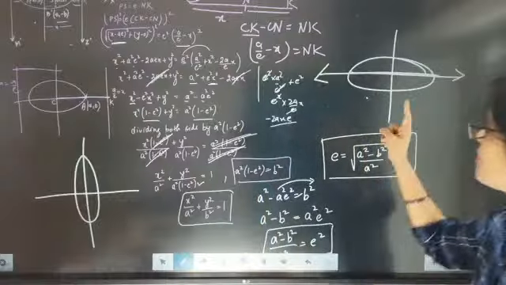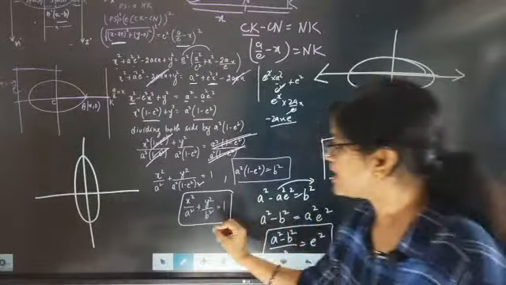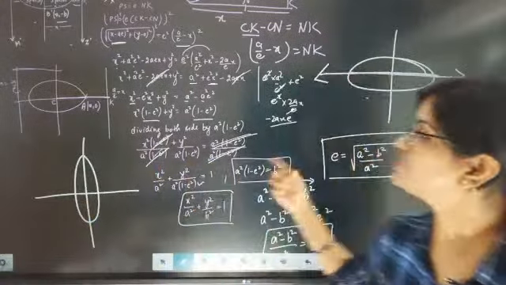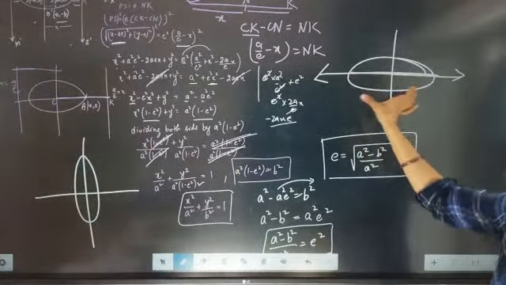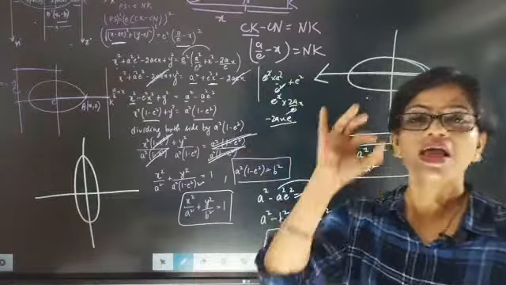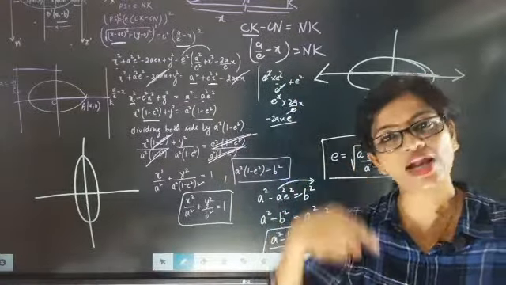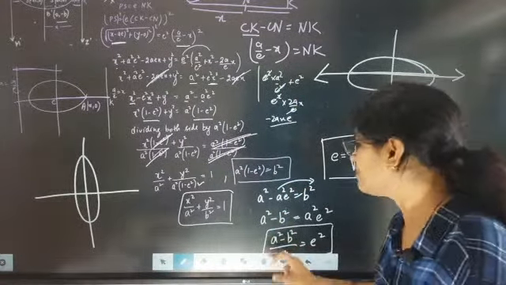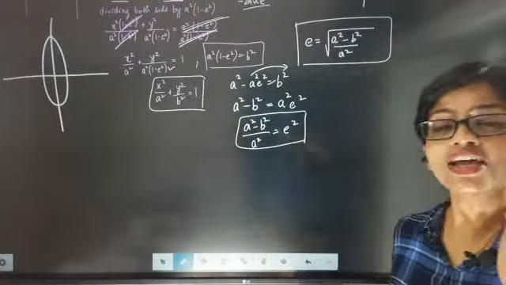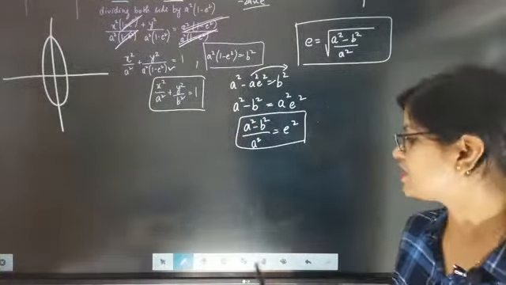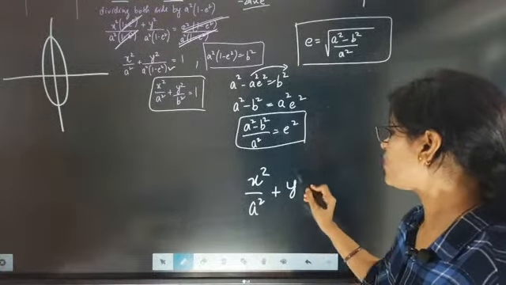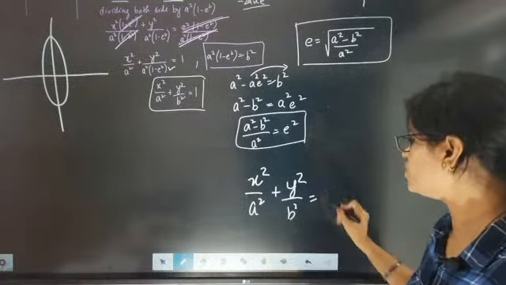So here the first part is understanding the equation of the ellipse when the ellipse major axis is exactly on the x-axis. So everything is countable when the ellipse major axis is on the x-axis. Then we are going to understand one more important key point, that is x square by a square plus y square by b square equal to 1.